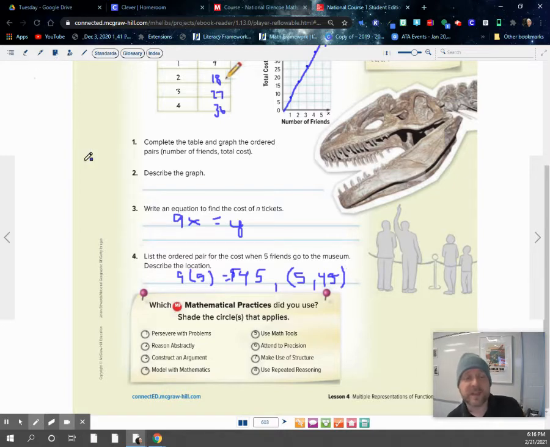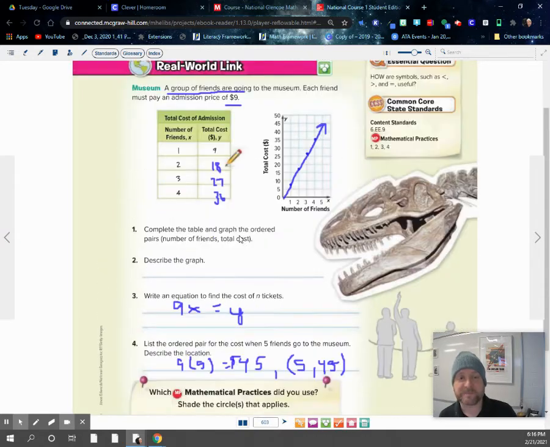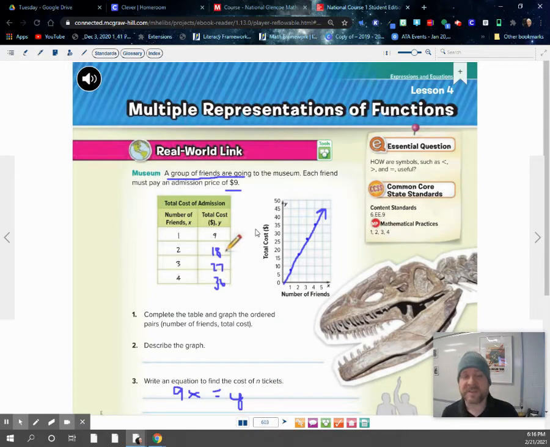There we go. So remember, there are 4 different ways that we talked about this already. You have the problem in words, the thing that you need. As we looked at the problem, we knew that what we were looking for was 9 times the number of friends that we have. We wrote that out as an equation, 9x equals y.